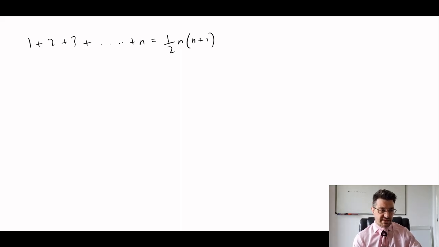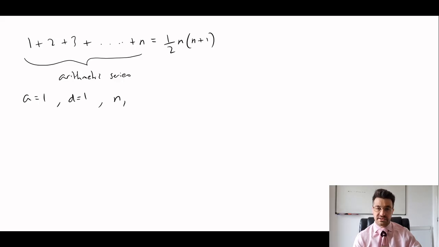All we need to recognise here is that we've got an arithmetic series. So, arithmetic series. The first term, a, is equal to 1. The common difference is equal to 1 if we need that. The number of terms is n, and the last term, l, is equal to n. So you've got a couple of different formulae, right?